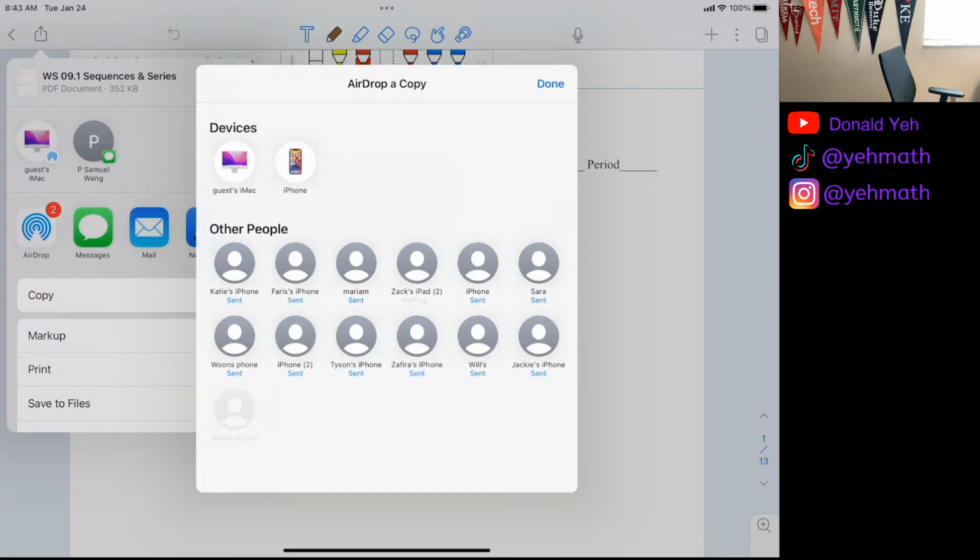Wait, what's that? Enter a phone number. Okay. Your phone number.